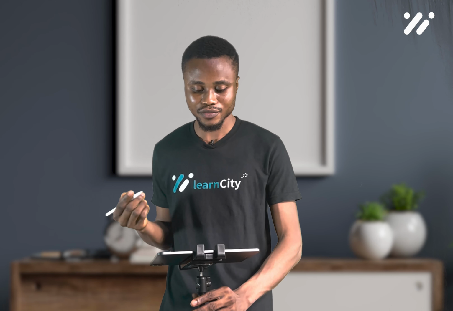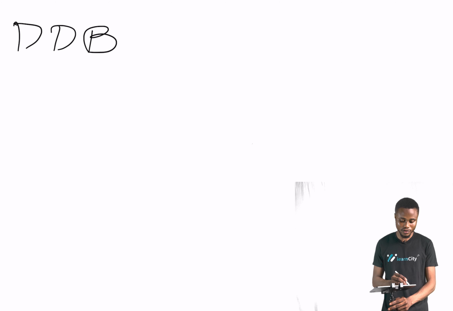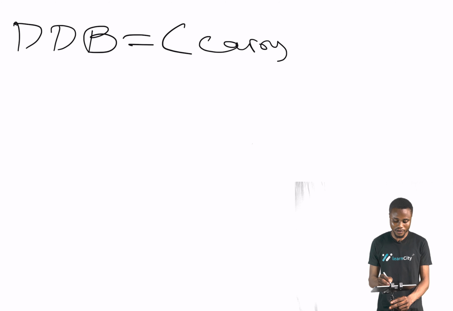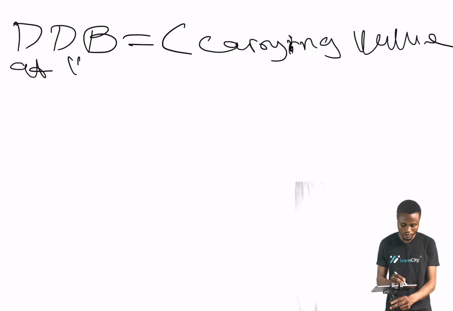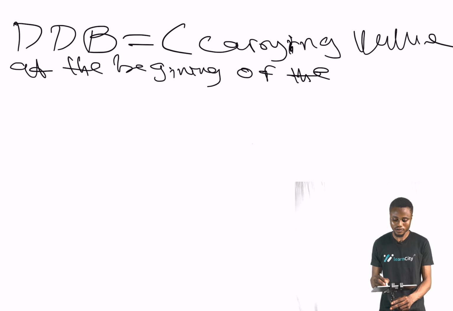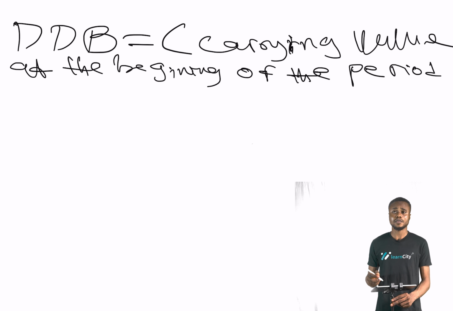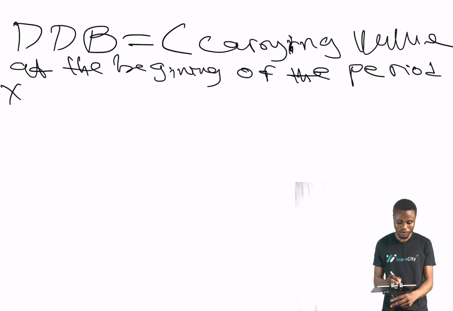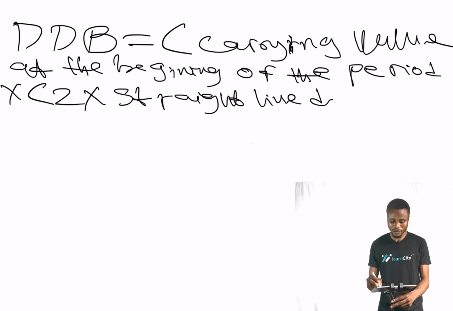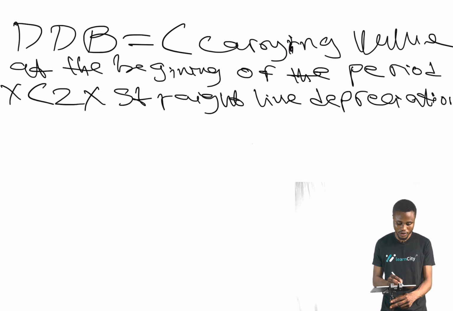So let's write it down. The double declining balance, the DDB depreciation formula, is given as a carrying value at the beginning of the period multiplied by open bracket 2 multiplied by the straight line depreciation rate.